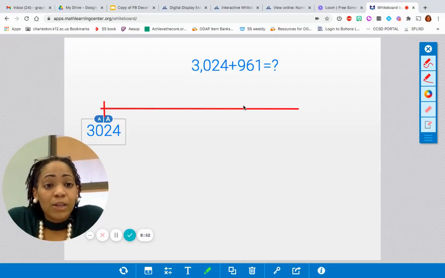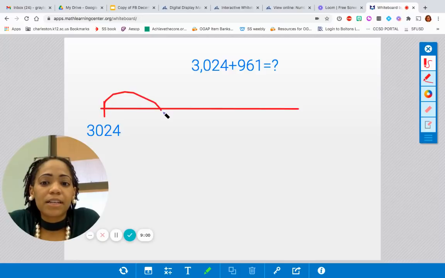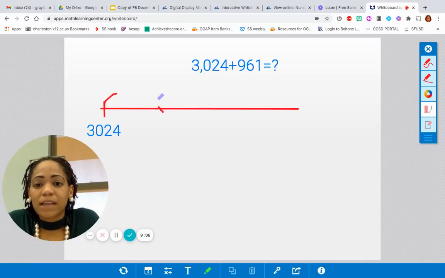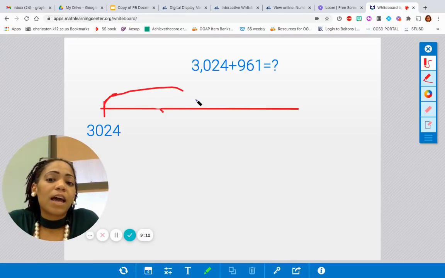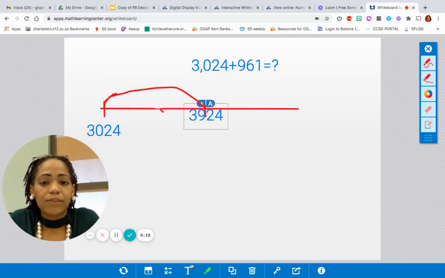So maybe I use my knowledge of place value. Remember chunking a number. And first I add 900. Maybe I should have made a bigger hop for 900, but it's okay. Actually, it's not okay. Let me fix that. We want to be as proportionate as possible. So I take a jump of 900 and I had 0, so I know that now I have 3,924.